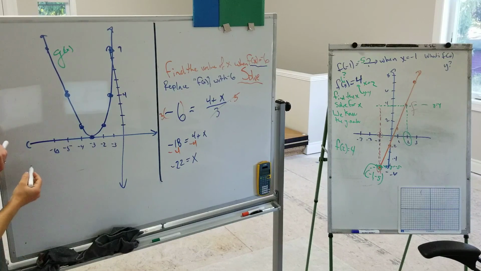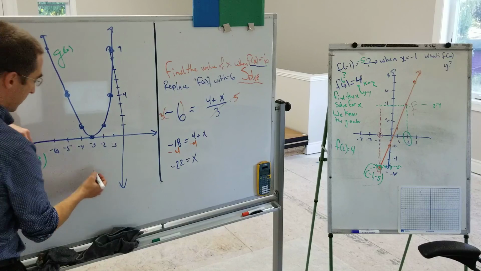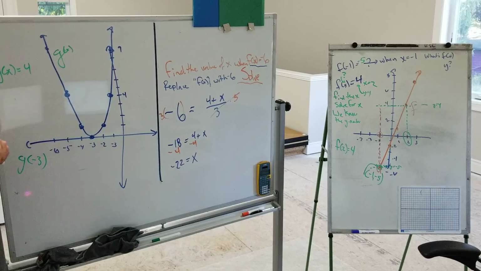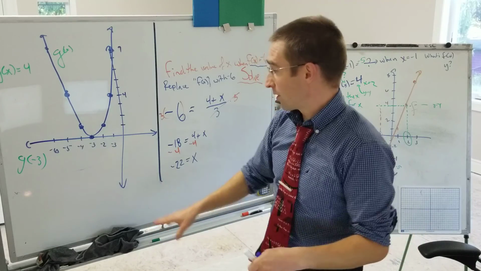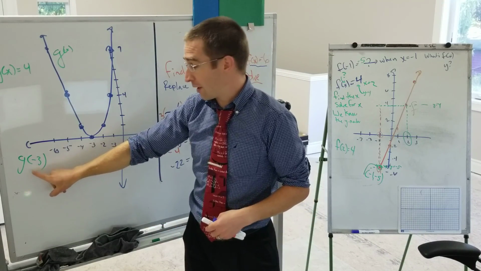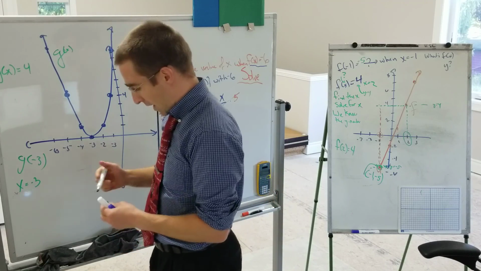Now, let's say I want to know g of negative 3, and I want to know when g of x is equal to positive 4. Let's look at g of negative 3 first. So g of negative 3 is saying the x number, because normally it's g of x, and instead of an x there, we've got a negative 3. That means x is negative 3.